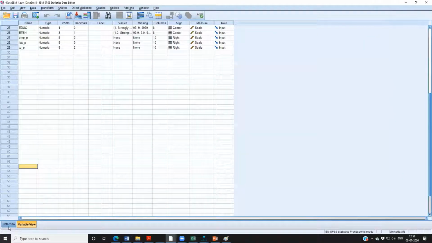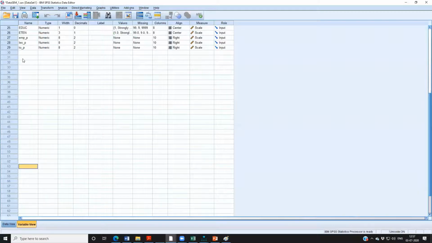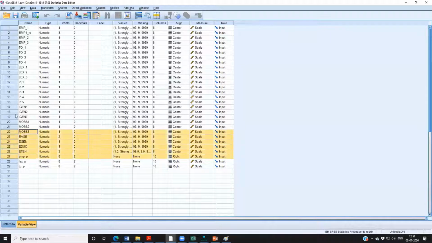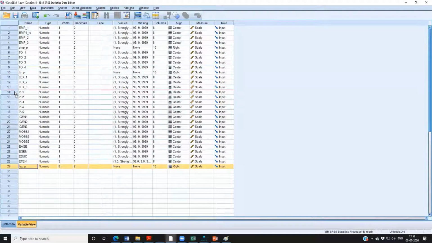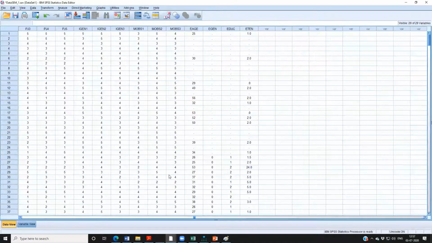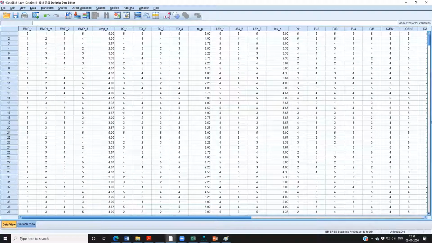Now what you see at the end of your data set is that you have 3 parcels. Let me show you. I put PO after PO, and LEX after. Now when you go to your variable view, you see EMP 1, 2, 3.